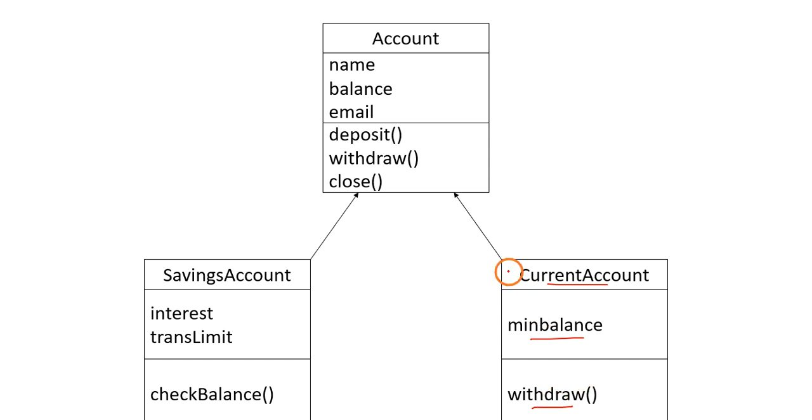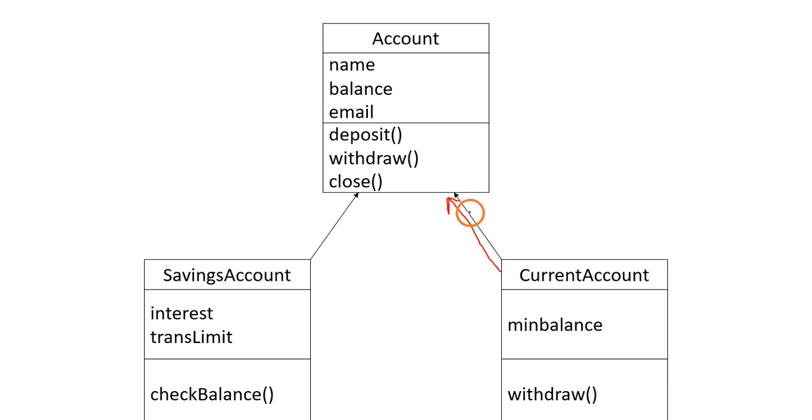So if you see here, there is an inheritance relationship between current account and account. So again, account is the superclass and current account is the subclass. A lot of people make this mistake. They think that the properties and behavior are coming from current account into account.